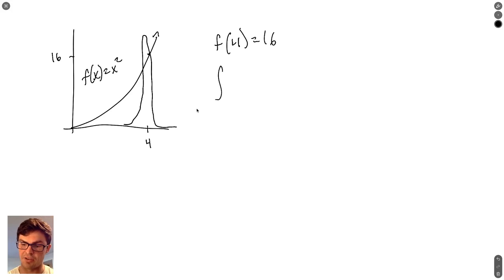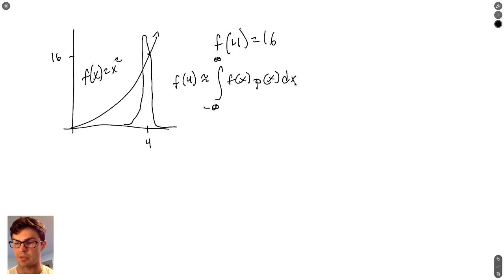So f of 4 is going to be ballpark close to the integral from negative infinity to infinity of f of x times p of x, which is the probability density function, dx. And we said this is probably going to be around 16, but let's prove it to ourselves.